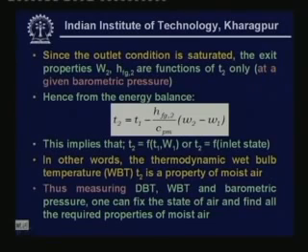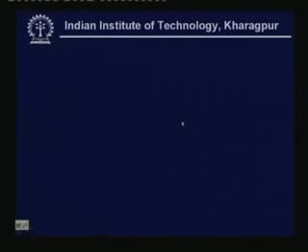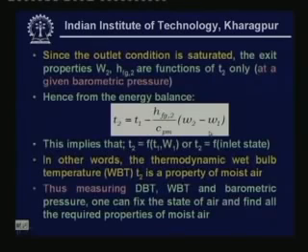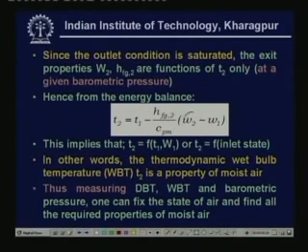So what I am saying here is that W2 is a function of temperature only, and hfg2 is also a function of temperature T2 only. Ultimately, this implies that T2, the exit temperature, is a function of T1 and W1 only, because apart from T2 you have only T1 and W1 on this side.